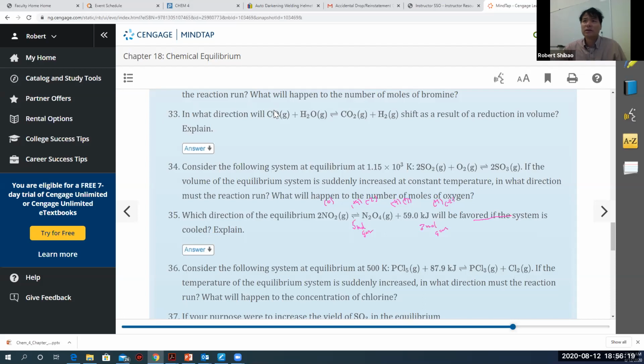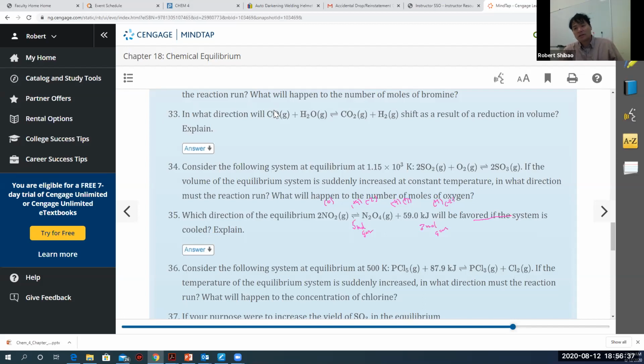So the volume is going to shrink. If the volume shrinks, then we favor the side with fewer moles of gas. But looking at this reaction, we have 2 moles of gas on the left, because water is a gas. And this is a high temperature reaction. This is why it's expensive.